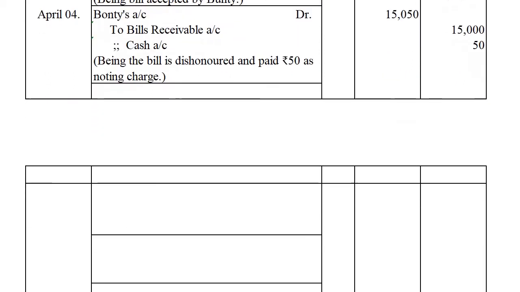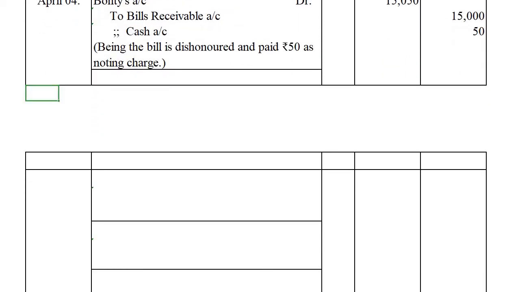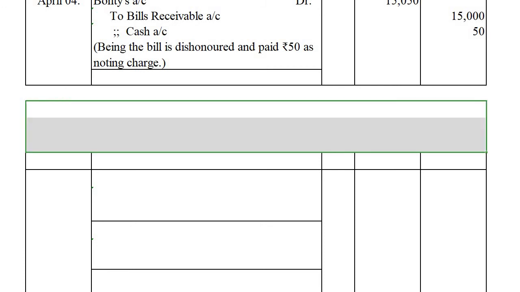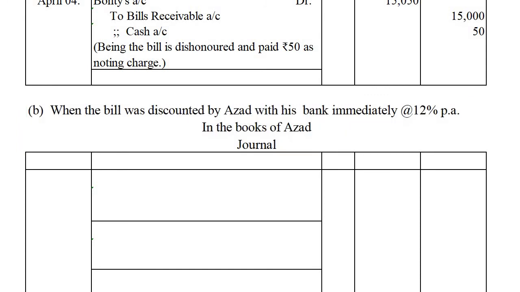Now let us see the second case. What is the second case? When the bill is discounted by Azad with the banker immediately at 12% per annum. In that case, what will be the journal entries in the books of Azad?